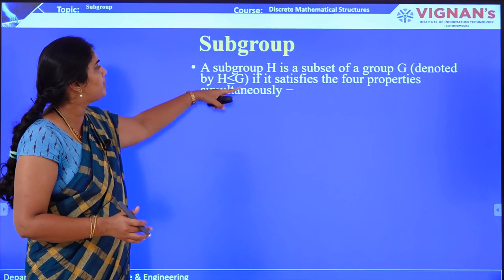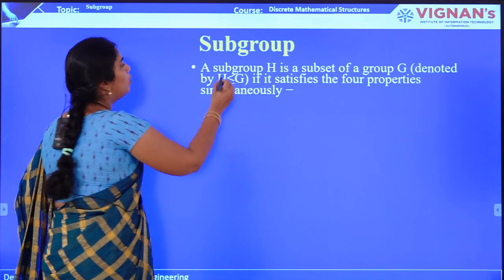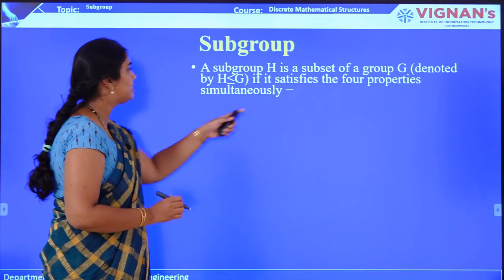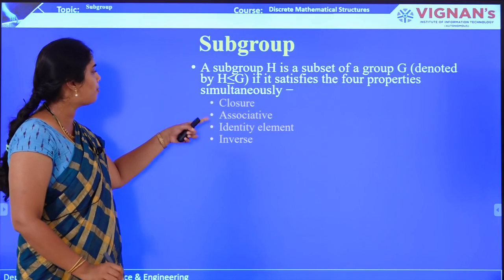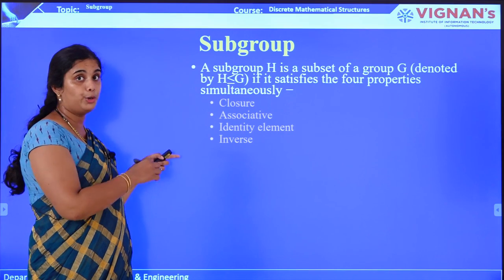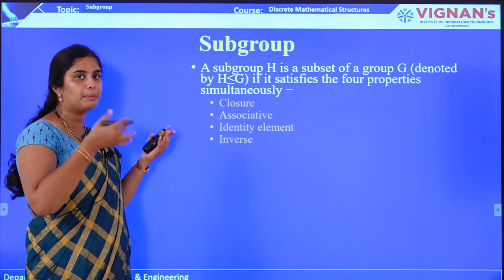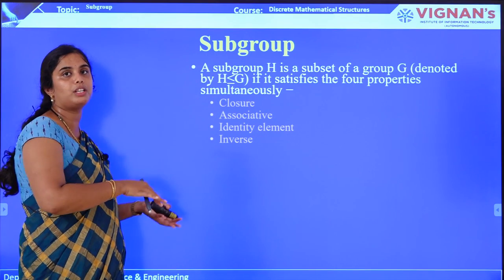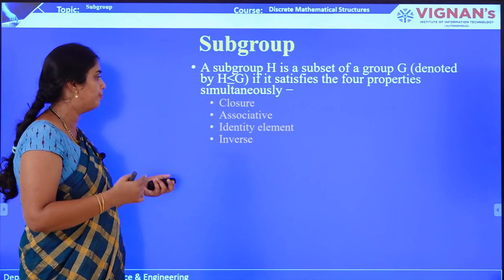A subgroup H is a subset of group G, denoted by H less than or equal to G, if it satisfies the 4 properties. These 4 properties are nothing but the properties of our group. So a subgroup is nothing but a group, but the condition is that it should be less than or equal to the group, but not greater than the group.